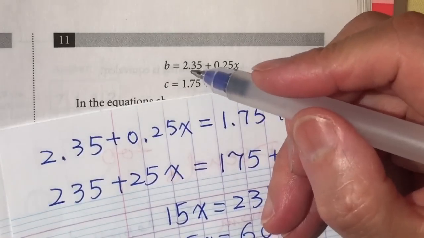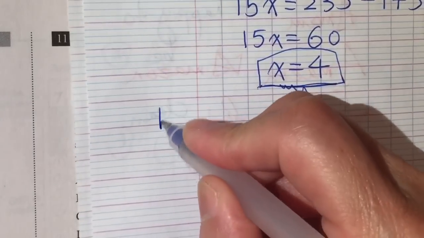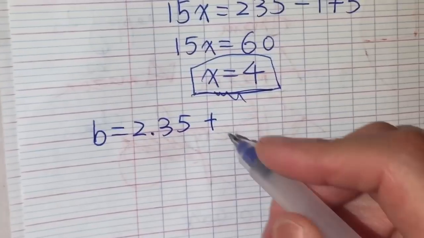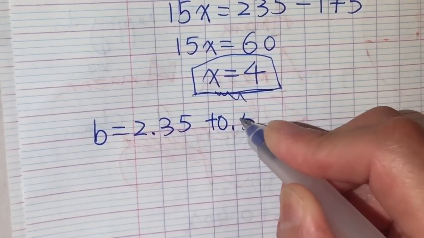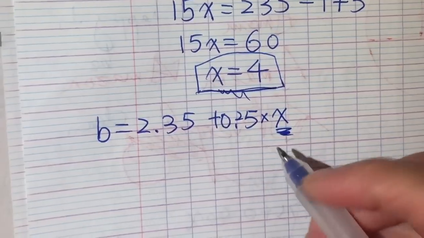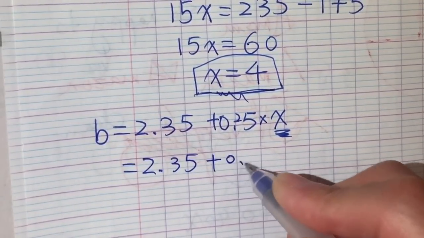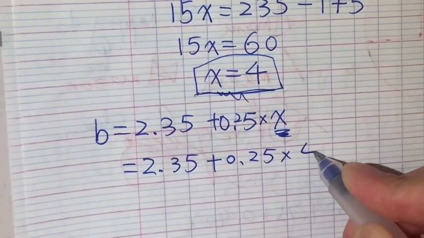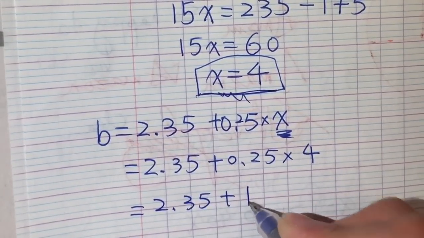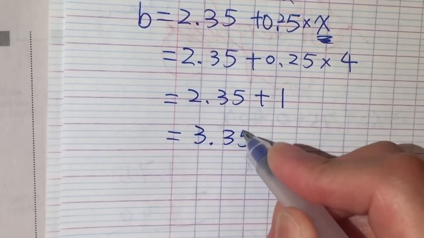So let's plug into the beef price. Beef price is B equals 2.35 plus 0.25 times x. x is 4, so 2.35 plus 0.25 times 4 equals 2.35 plus 1 equals 3.35.